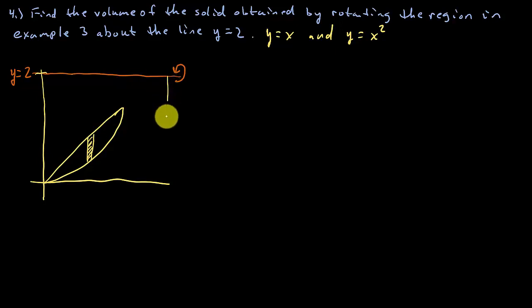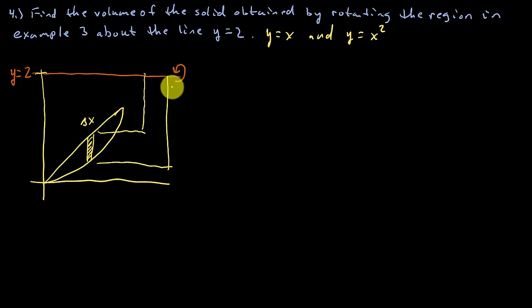So I need this distance. I need the distance from the line I'm rotating it around to the furthest point of the rectangle, and from the line I'm rotating it around to the nearest point of the rectangle. So these are the 2 distances I need. So let's go ahead and put our thickness in. That's delta x.